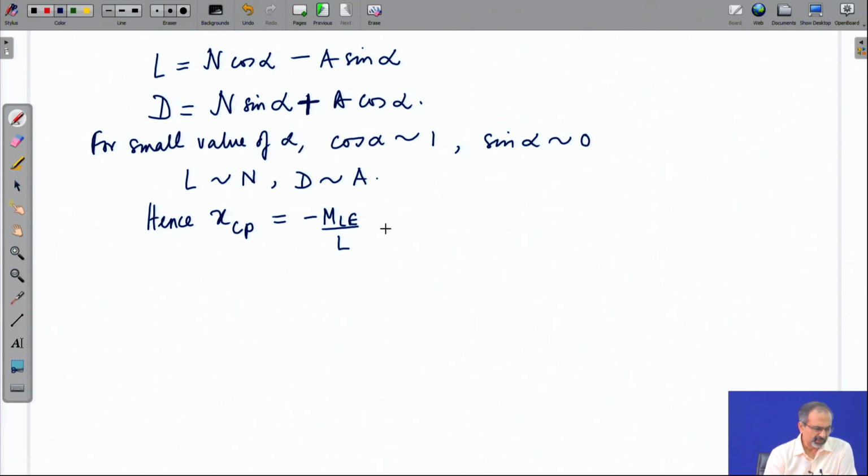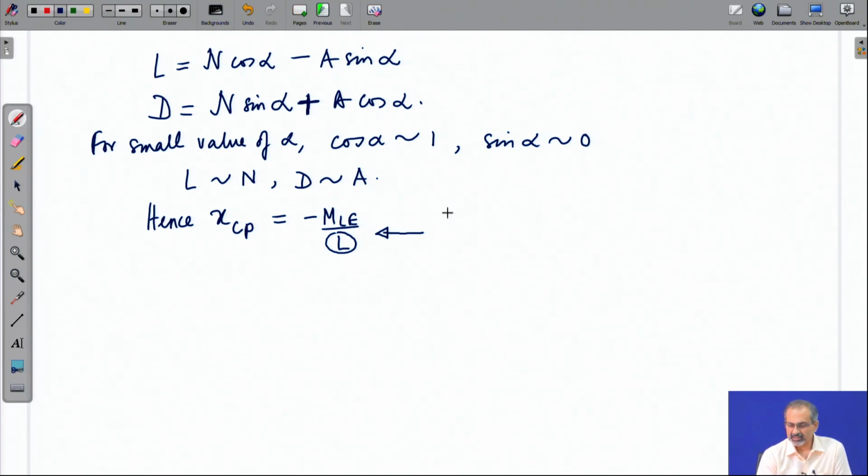Now, one thing we can realize is that as the normal force or the lift decreases on the airfoil, that means the denominator here decreases, the center of pressure will increase, and when the force becomes really close to 0 or exactly 0, then the center of pressure will move to infinity.